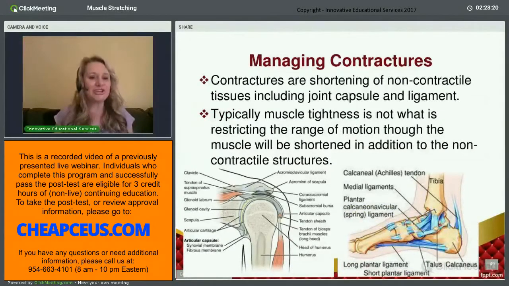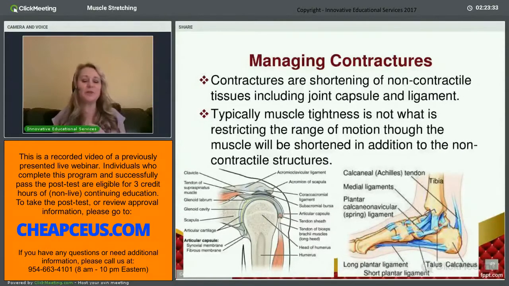If we consider managing contractures, that is a little different than the range of motion restriction that we've spoken of up to this point. We've been looking at decreased range of motion as a muscle flexibility issue. If a patient presents with a contracture, we are looking at all of the structures around the joint.